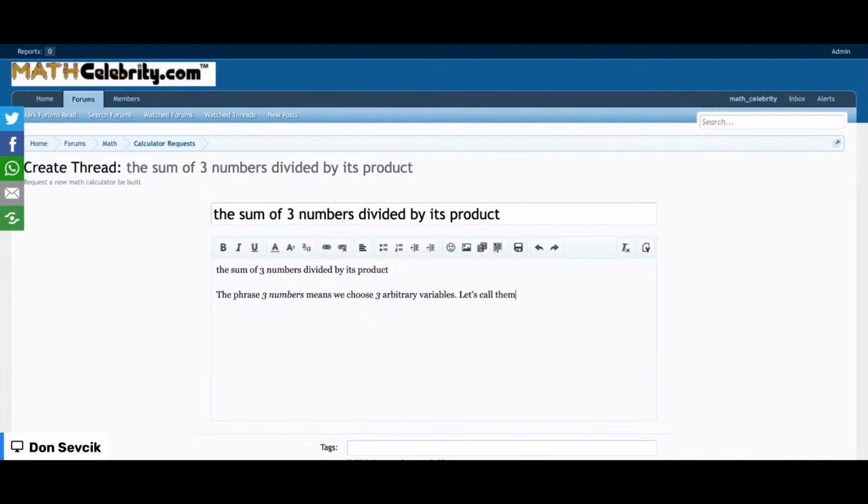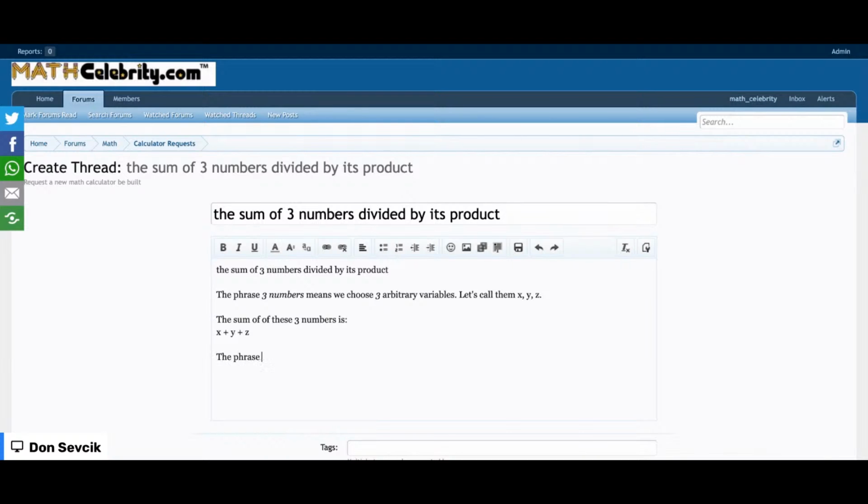Let's call them x, y, z. The sum, okay, so we've got those. The sum of these 3 numbers is x plus y plus z.